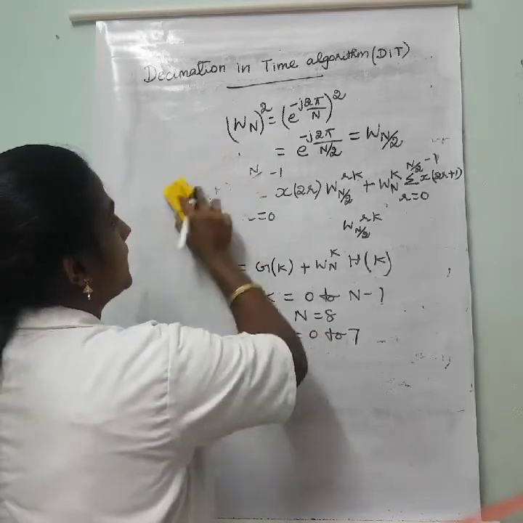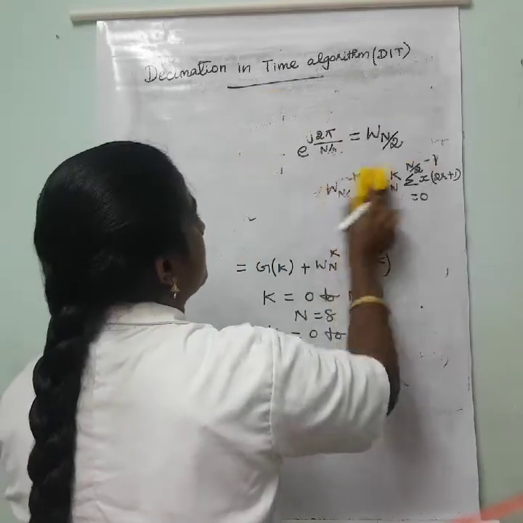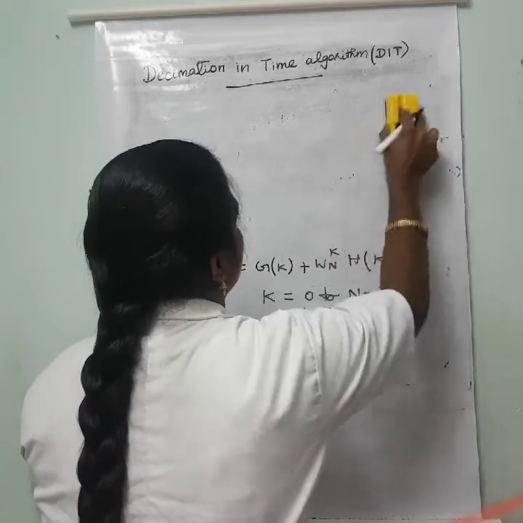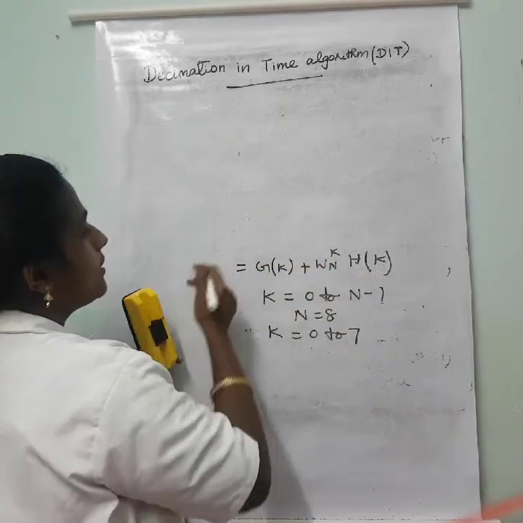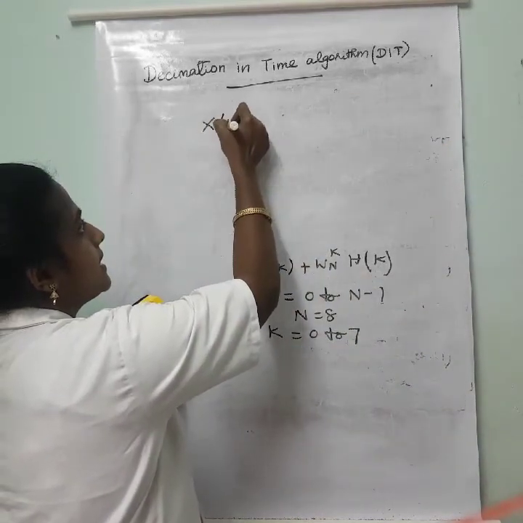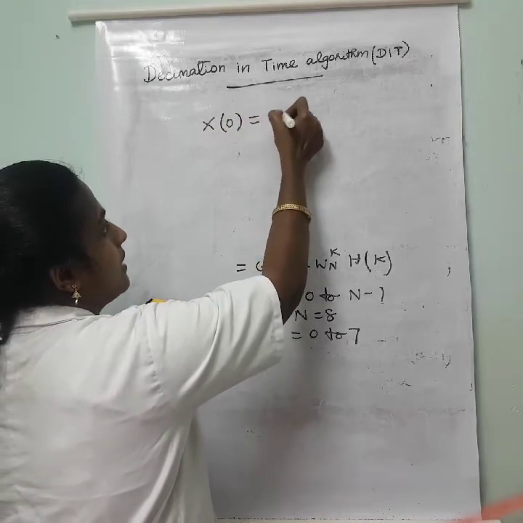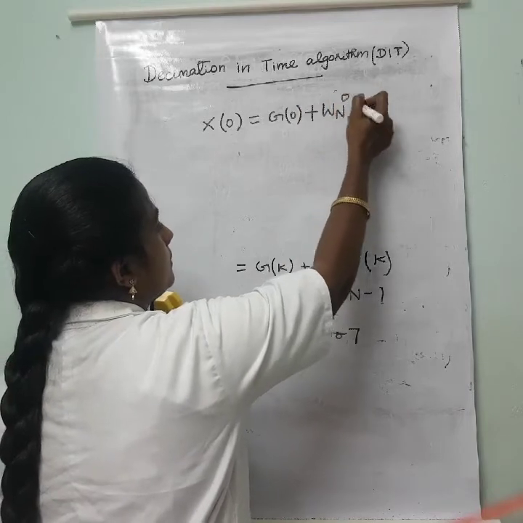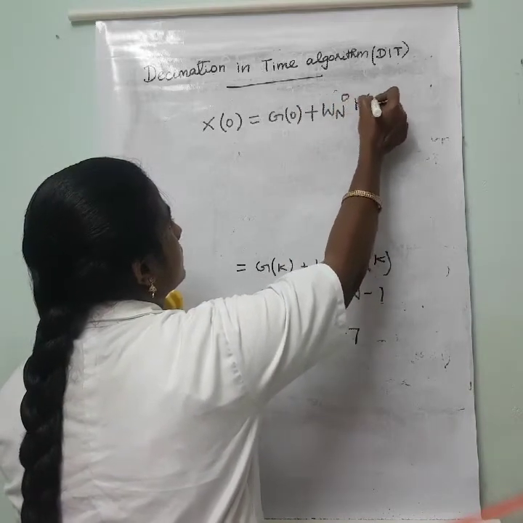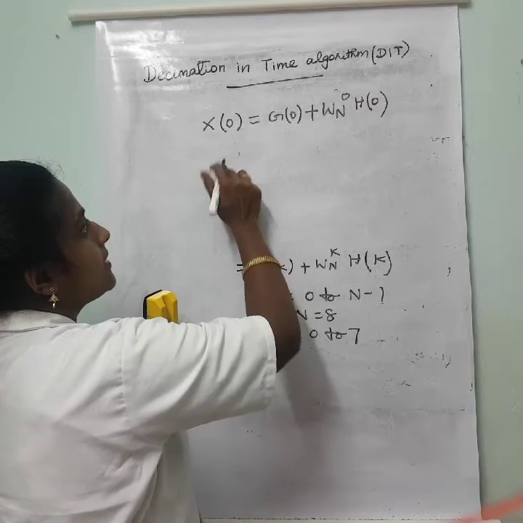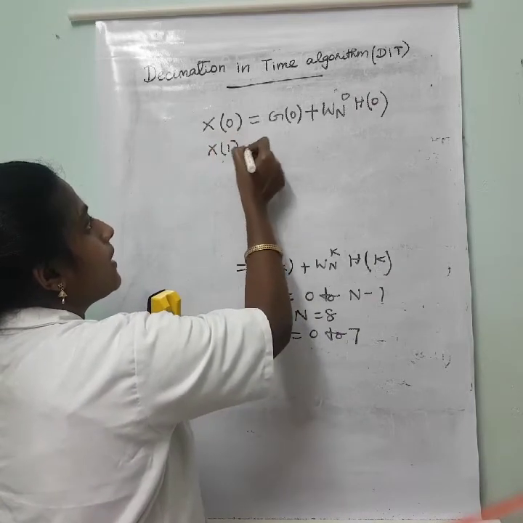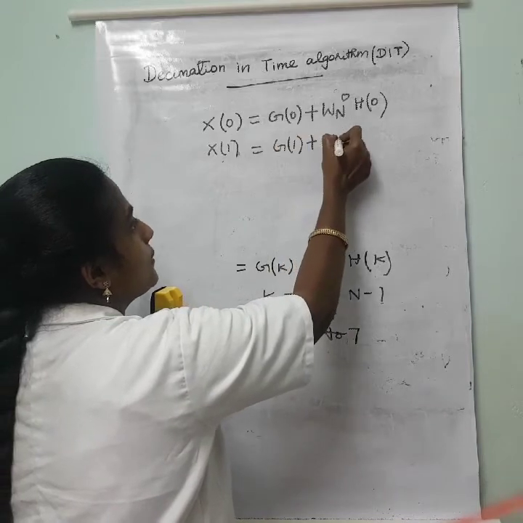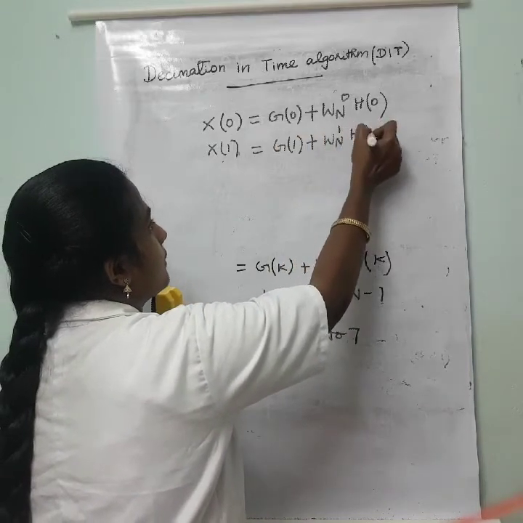So we can write it as, we can substitute the values for k from 0 to 8. When k is equal to 0, x of 0 is equal to g of 0 plus wn power 0 into h of 0. When k is equal to 1, x of 1 is equal to g of 1 plus wn power 1 into h of 1.